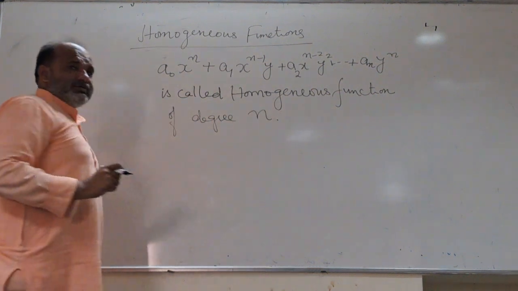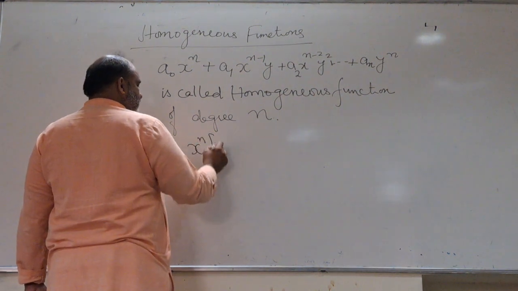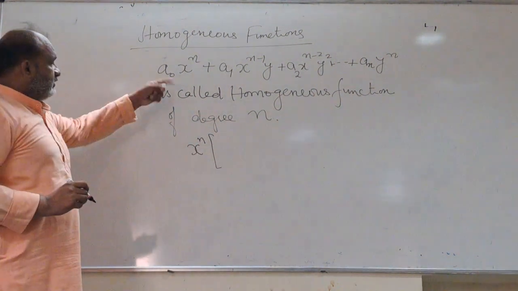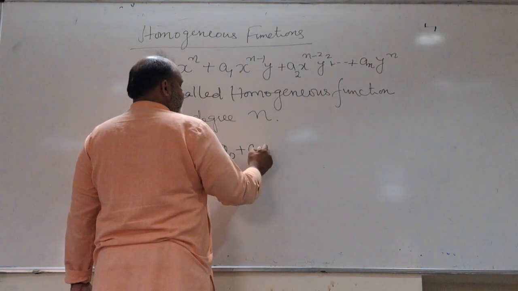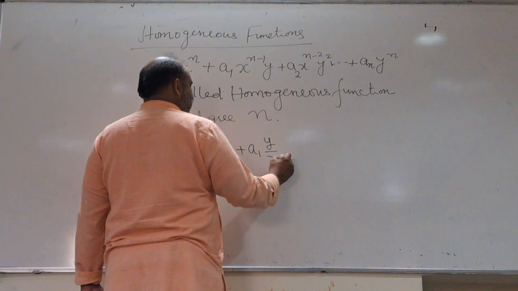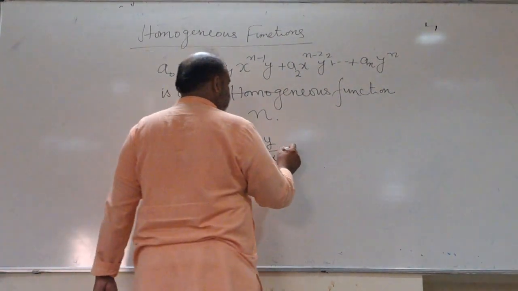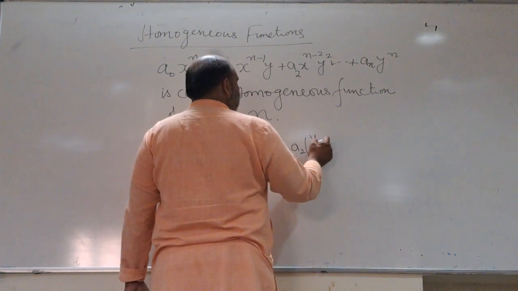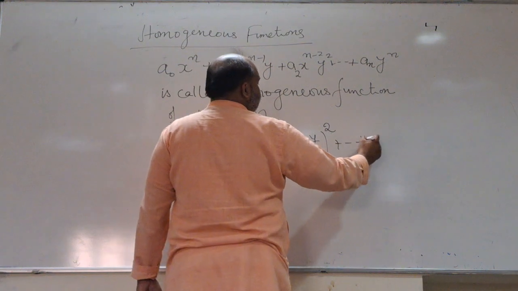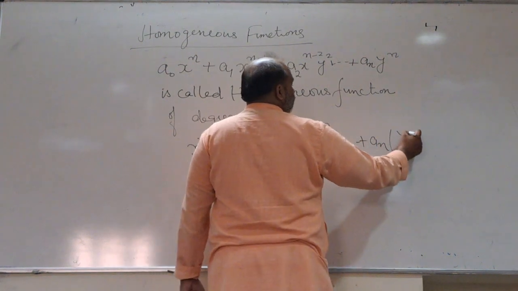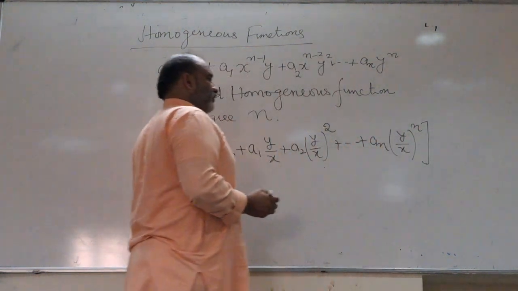Now I may write down this expression as x power n कॉमन लीजिए, this will be a0 plus a1 y by x, right, plus a2 y divided by x square, and in the end it will be an y by x power n, right?